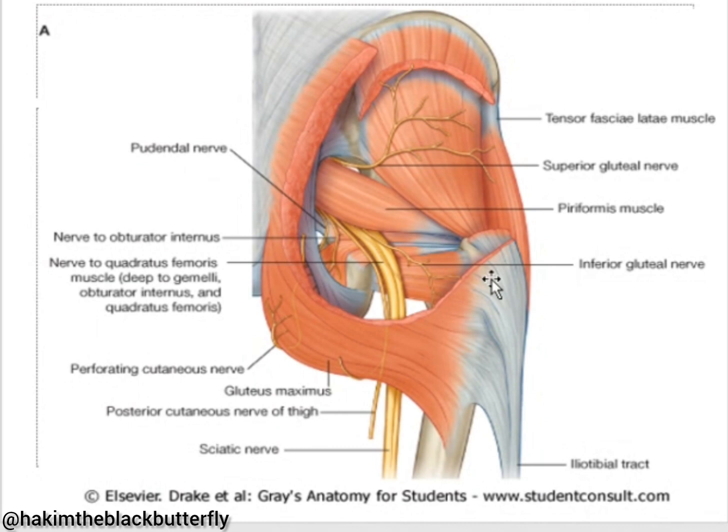I repeat, the gluteal region is divided into 4 quadrants. The upper medial quadrant, the upper lateral quadrant. The lower medial quadrant, the lower lateral quadrant. And you find that our sciatic nerve is in the lower medial quadrant.